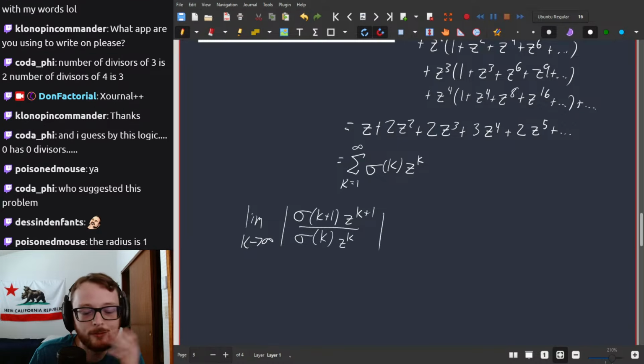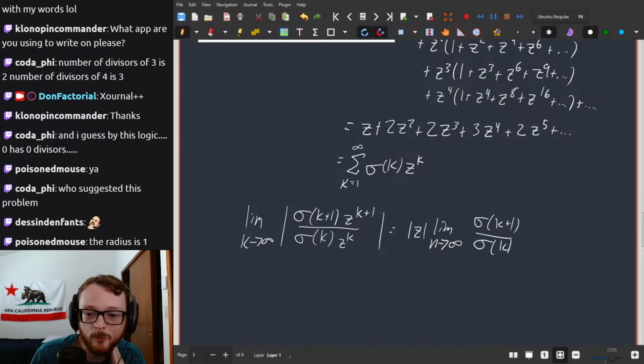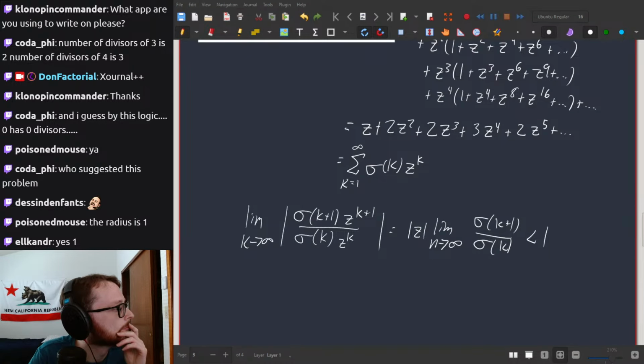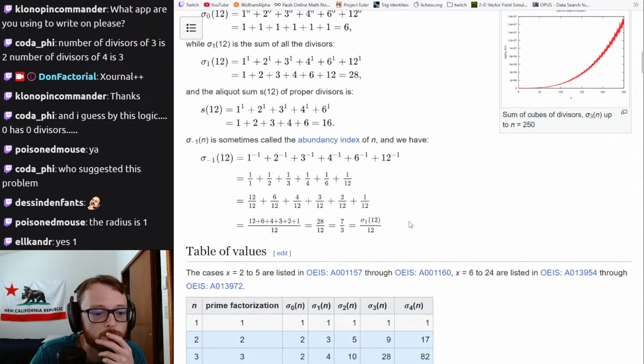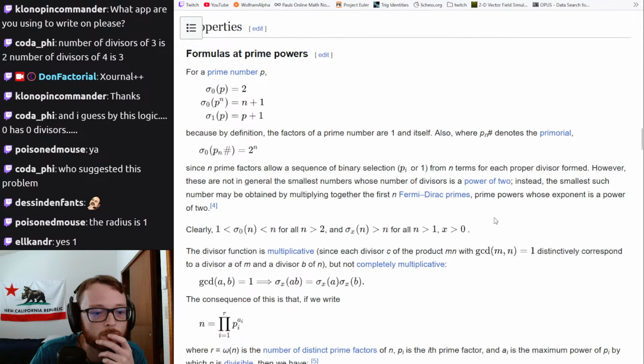Sigma is always positive. So we need to know what the properties are to deal with this. I guess I would settle for the asymptotic.